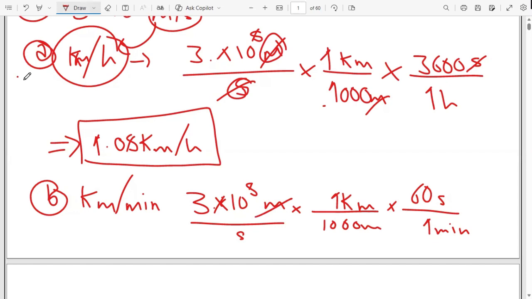Then the meter and the meter are going to cancel out. The second and the second are going to cancel out. Then we can multiply the 3 times 10 to the power 8 by 1 kilometer by 60. Then we divide it by 1000 multiplied by 1 minute.